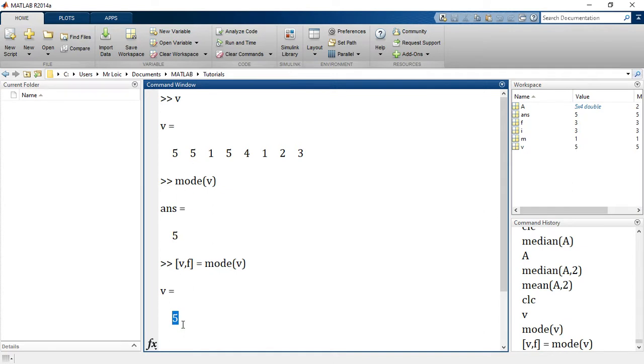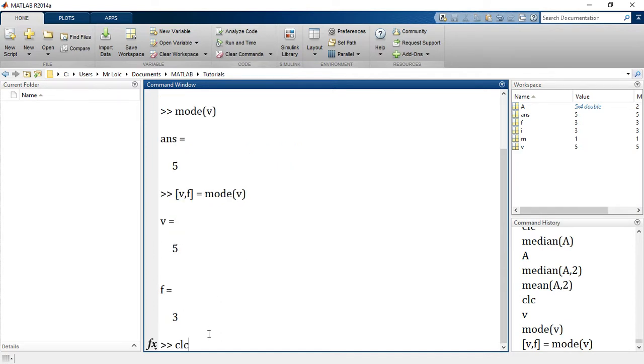So listen, you may have a case where 5 appears 3 times and you have another number that also appears 3 times. What would MATLAB do in that scenario? The final answer will be the minimum of the two values. Say in this case 1 appeared maybe 3 times, then it will be 1 that will be our answer here and not 5, because 1 is smaller than 5. That's the way MATLAB computes it. Don't ask me why, it's just the principle.